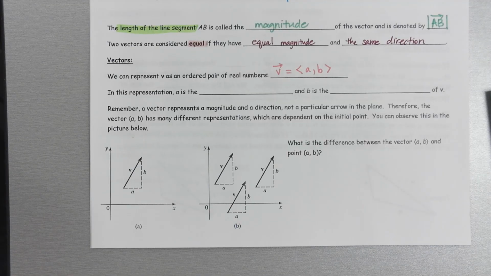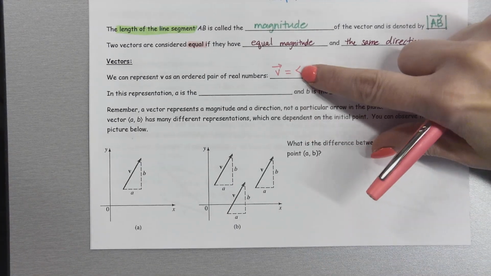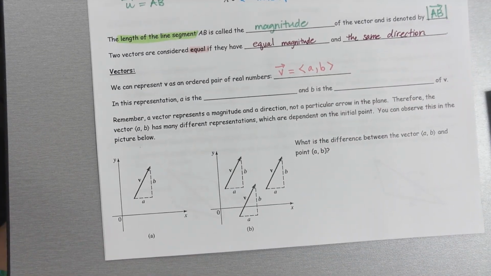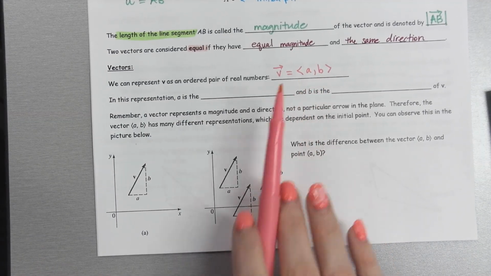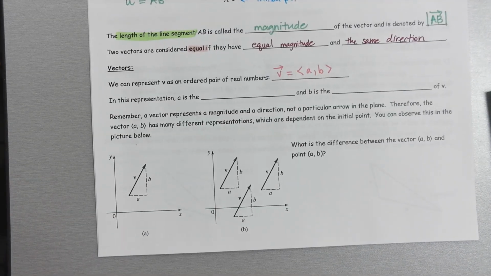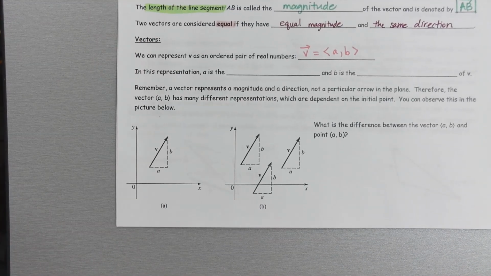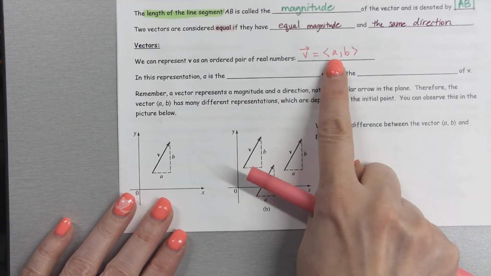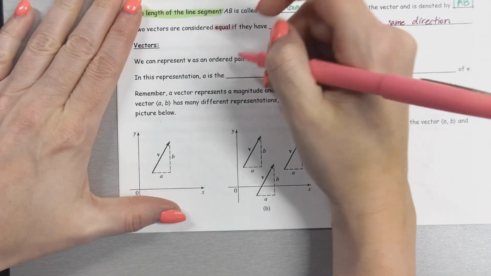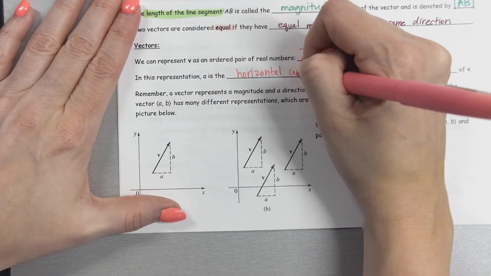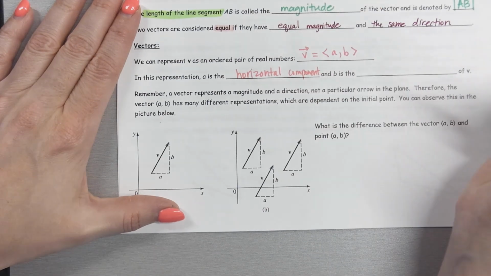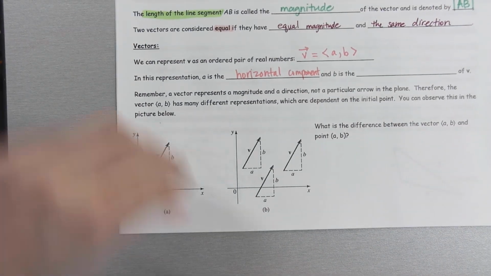I call them arrow because it looks like an arrow here and an arrow here. Have you guys seen this notation before? So this is how you're going to be writing your vectors. Don't worry, we're going to practice a lot, so that will become second nature. In this representation, A is called the horizontal component. And B is the vertical component.